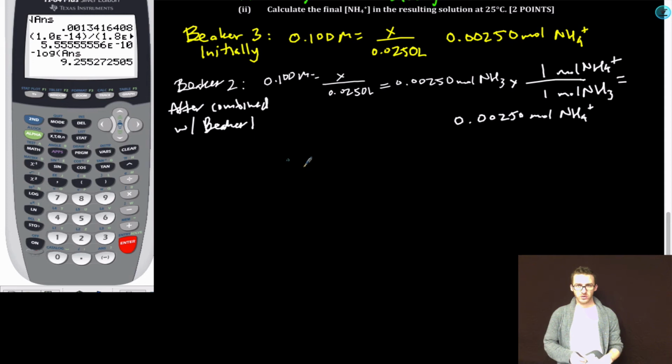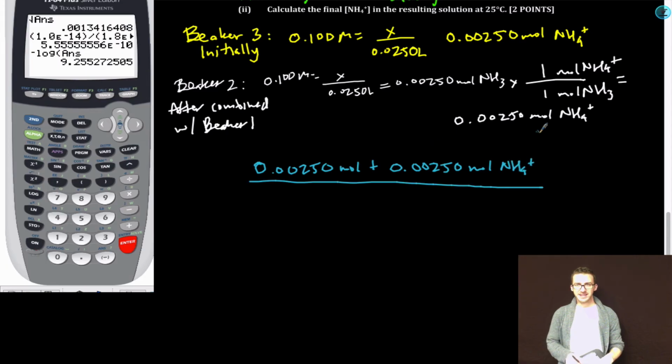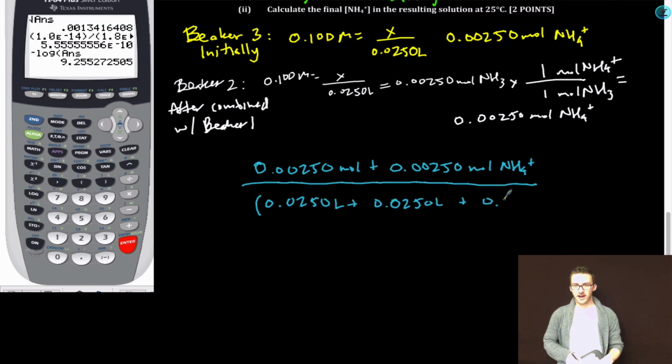So total, I have 0.00250 mole plus 0.0025 mole NH4 plus, and I added together all 3 of those beakers. And remember, we want concentration, so it's going to be number of moles over the total volume, which is 25 mL plus 25 mL plus 25 mL.